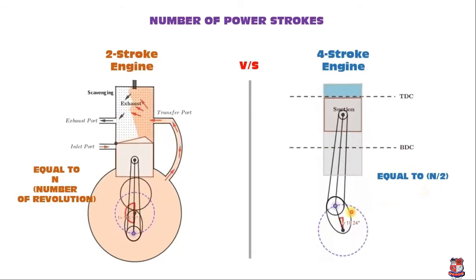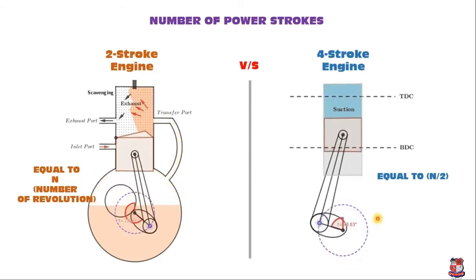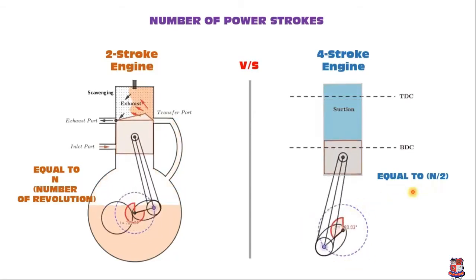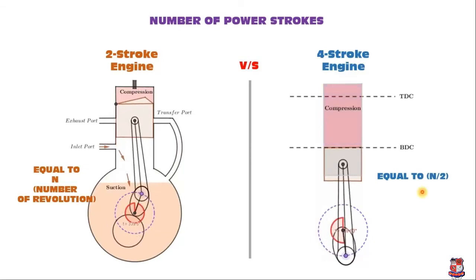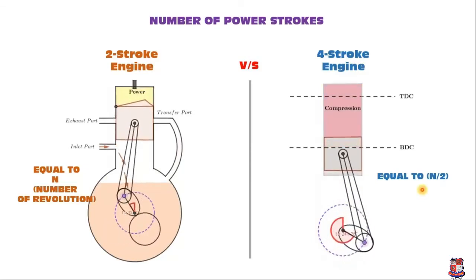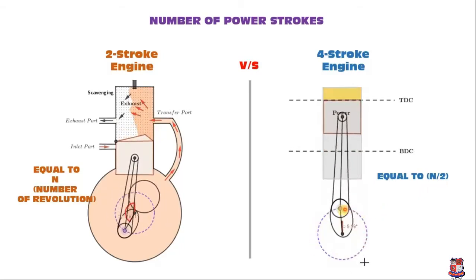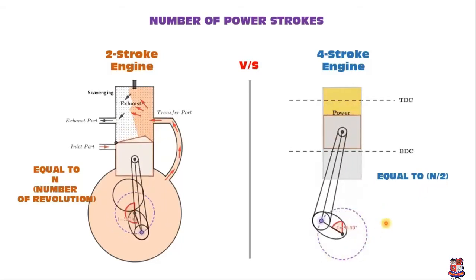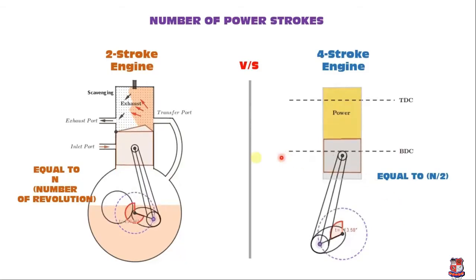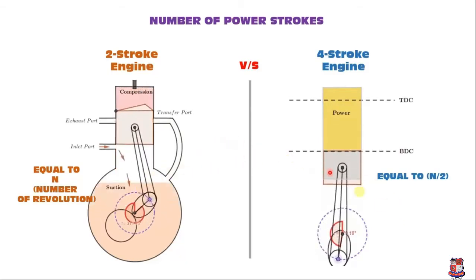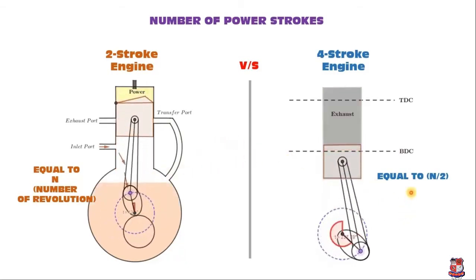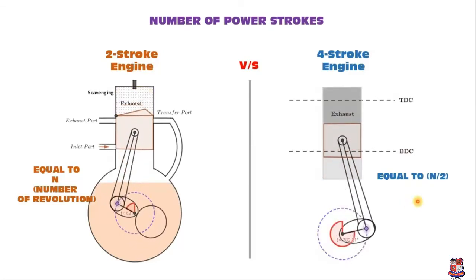So if there are 4 revolutions, then there will be only 2 power strokes, because power is generated in alternate revolution. So it is equal to n by 2, number of revolutions divided by 2. So you can say, as compared to 2-stroke, 4-stroke engine is having half of the power strokes.